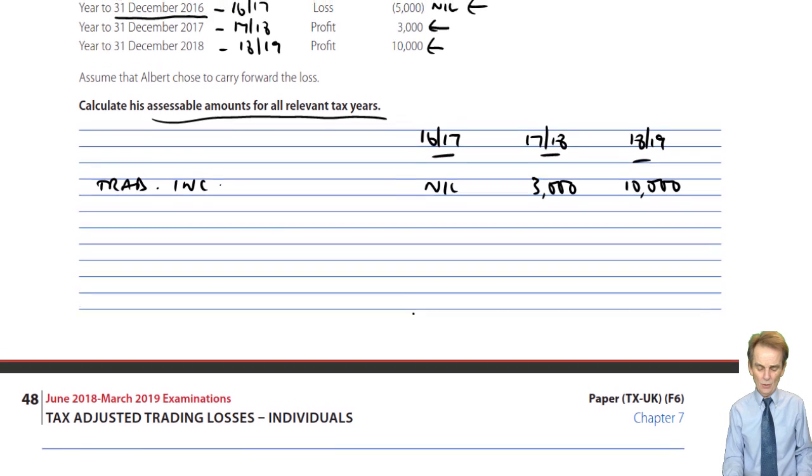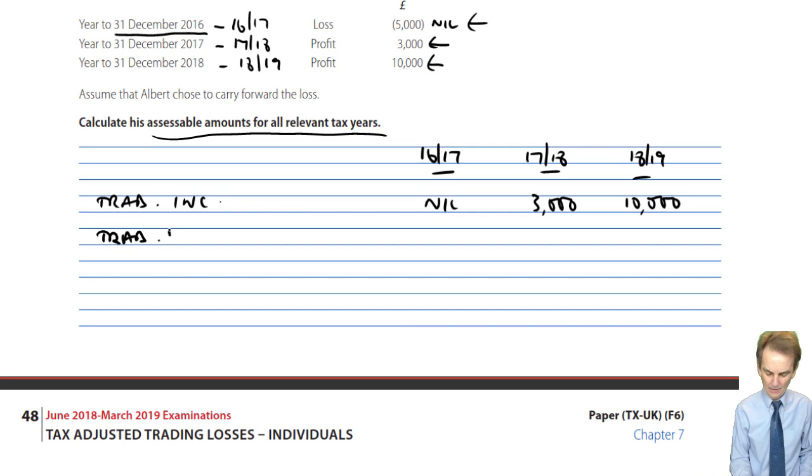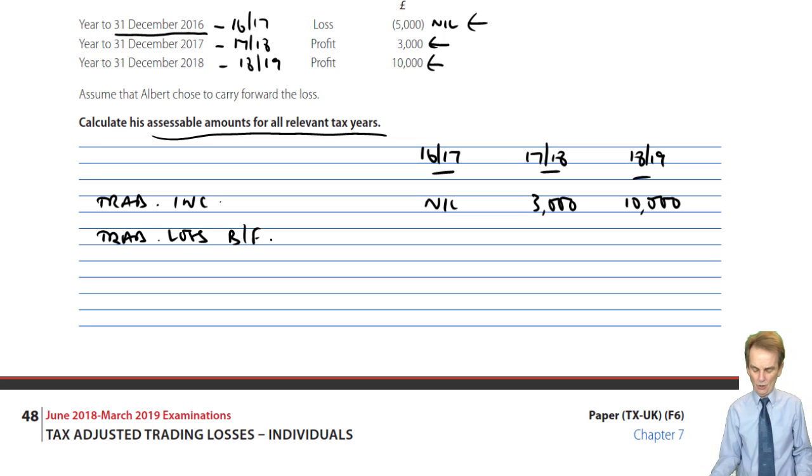So all we can do here with this loss is to carry it forward. So trading loss brought forward into each year. We had a loss of £5,000. No choice. It will relieve against all of the next available future trading profit. That was 3,000, which of course will bring that assessment down to nil, and therefore the total income down to nil.